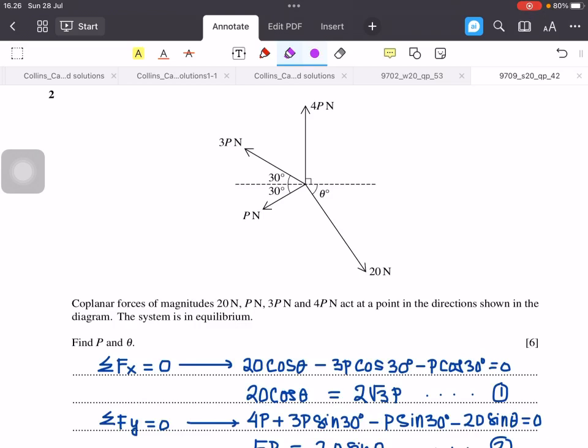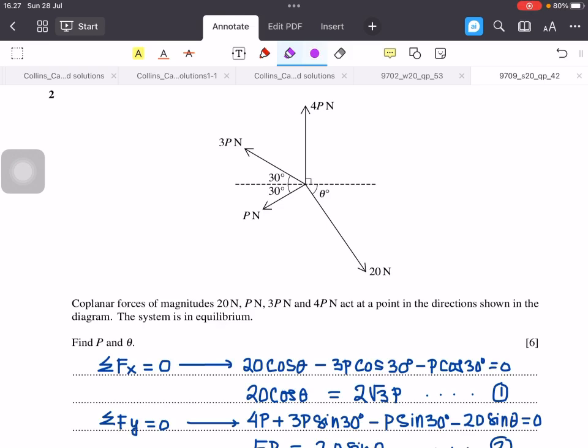In x direction, we have 20 cos theta in the positive x direction, and 3P cos 30 degrees and also P cos 30 degrees both in negative x direction, while 4P has no component in x direction. This is the first equation: 20 cos theta is equal to 2 square root of 3 P.